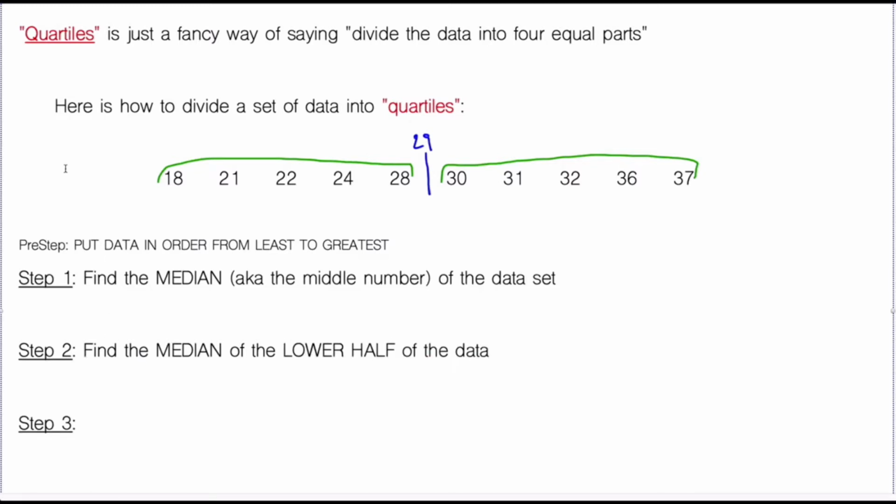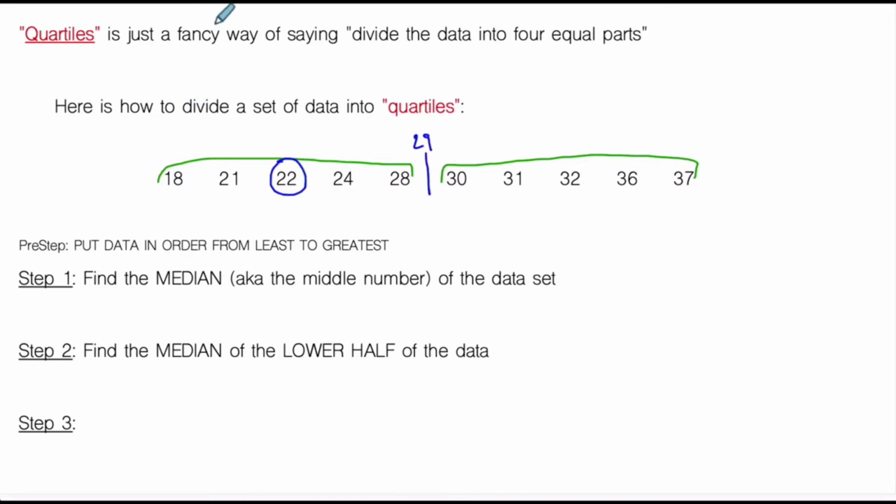That means I'm focusing on 18 to 28, the lower half, and we're going to find the middle of that. The middle of this is 22. So there is the middle of the bottom: 18, 21, 22, 24, 28. There are 5 numbers, so the middle is the third number.